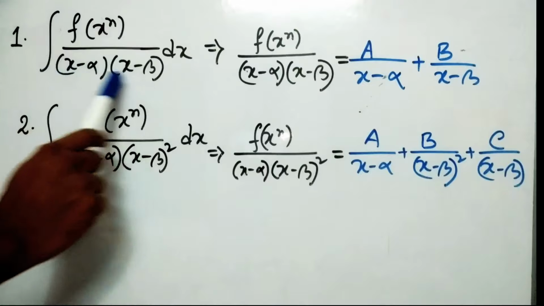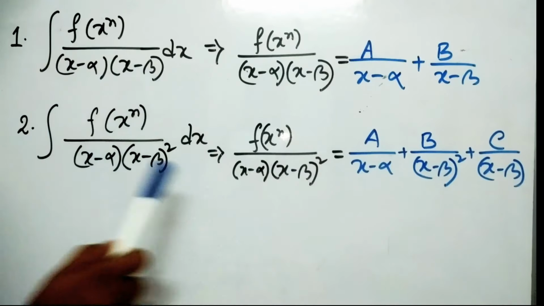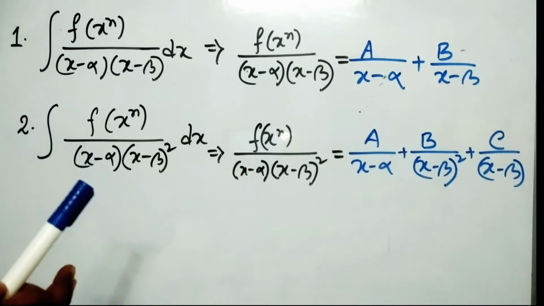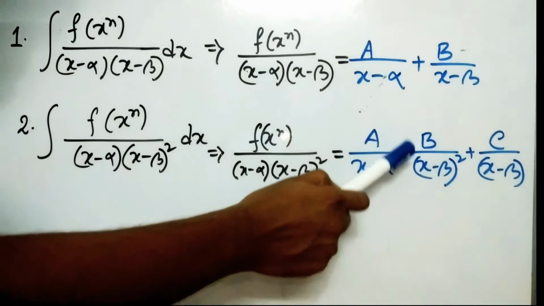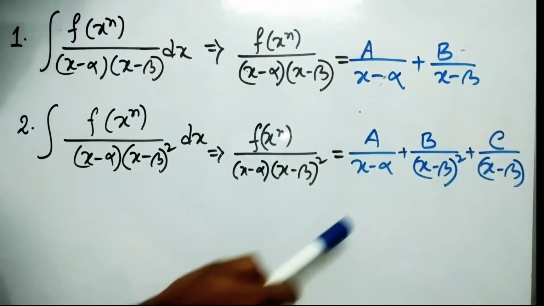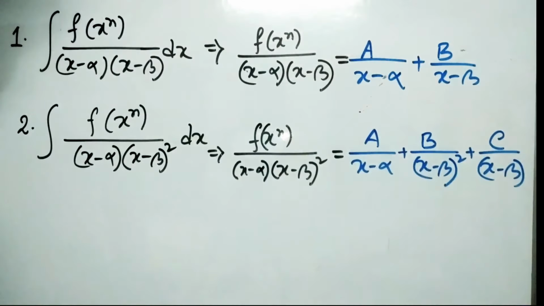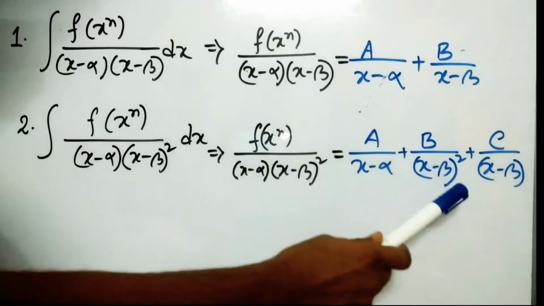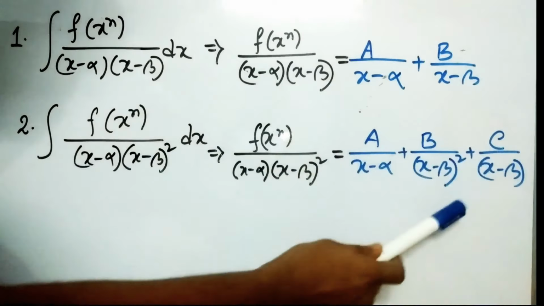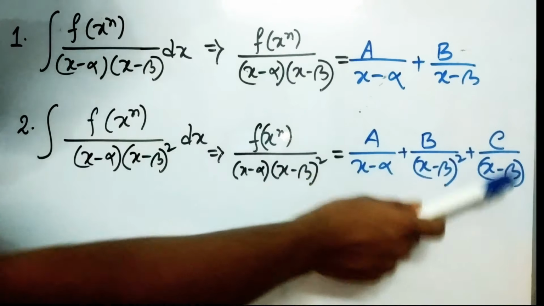Because x minus beta is a repeating factor, we have to take b by the repeating factor, that means x minus beta whole square. And because x minus beta is a factor, we have to take another constant c, and it will be c by x minus beta.